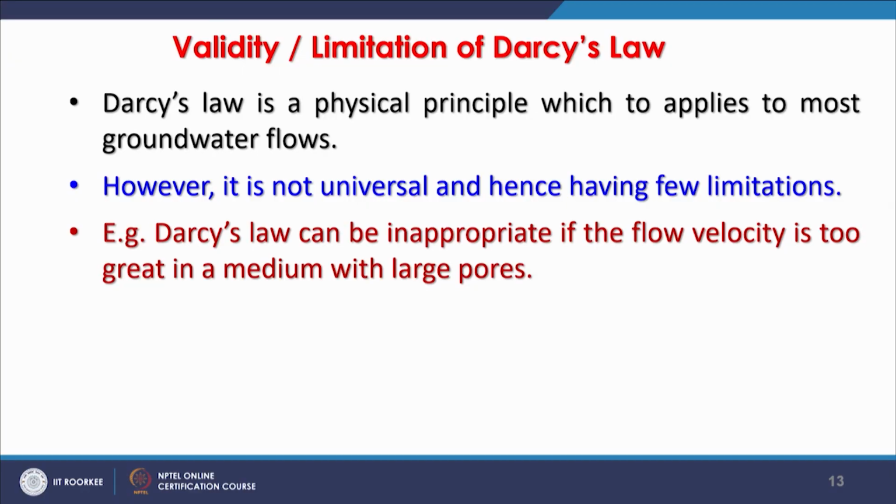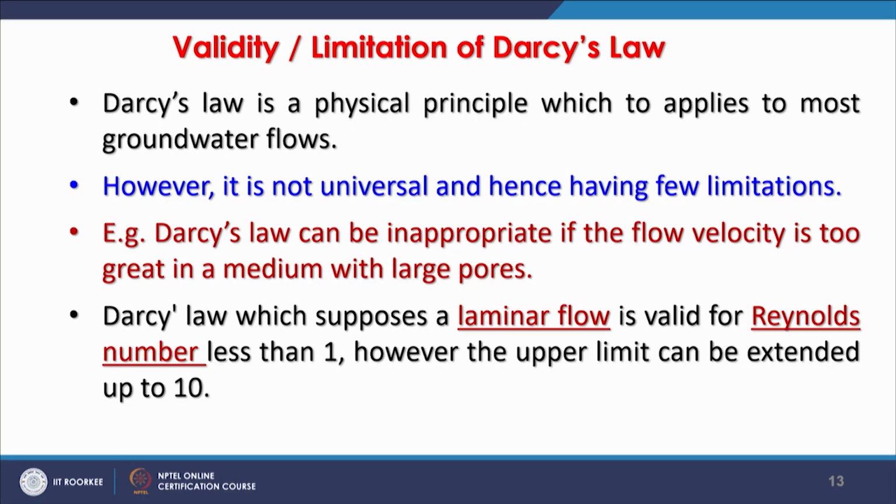So, not universal and having a few limitations. Darcy law can be inappropriate if the flow velocity is too great in a medium with large pores. There Darcy law is not applicable. In normal conditions when the flow rate is not very high, Darcy law will apply, but if not, then it is not applicable.